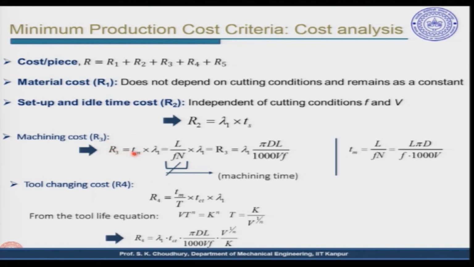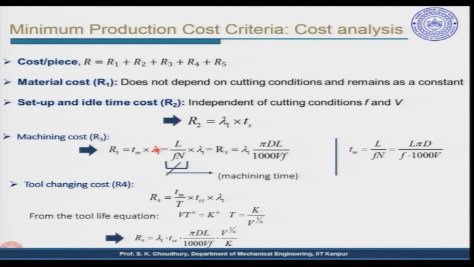R3 is given by the machining time, for which we pay lambda 1, the overhead plus labor cost. The machining time we have seen earlier is the length of the workpiece divided by feed and the RPM n. So that into lambda 1 will be equal to R3.